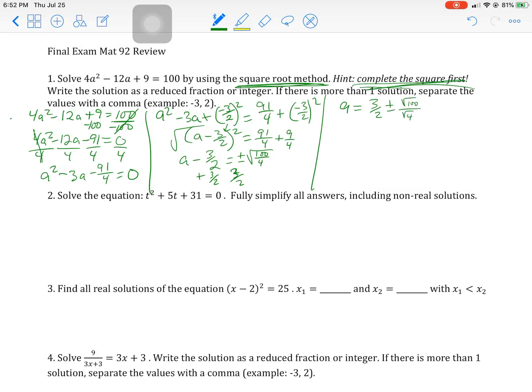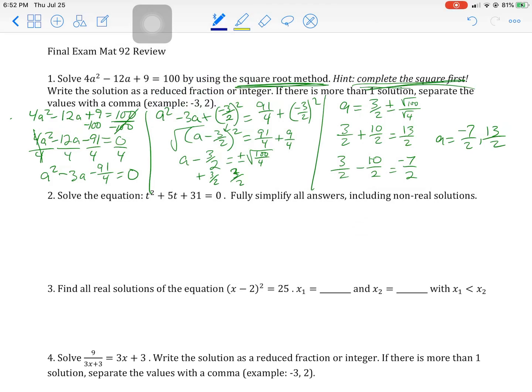I can split that up like that because that's going to be 3/2 plus 10/2 is 13/2, and it's also going to be 3/2 minus 10/2, which is -7/2. And then it says write my solution with a comma between them, so a is going to equal -7/2, 13/2 for that one.